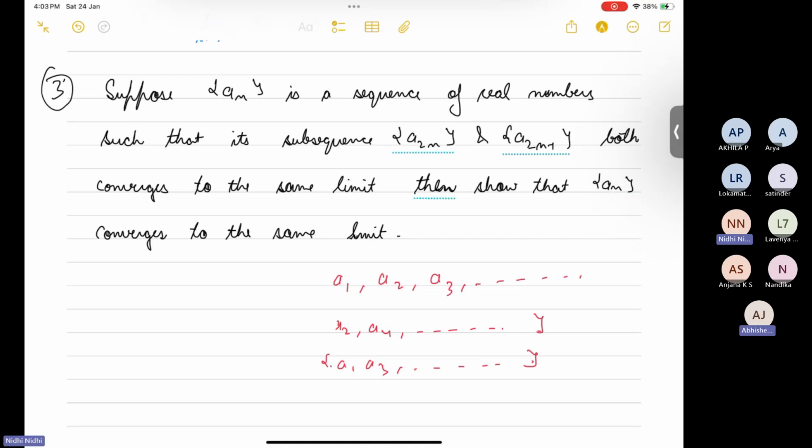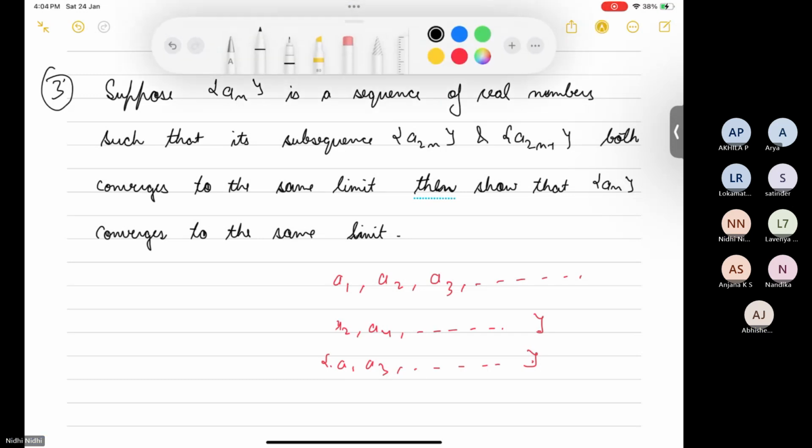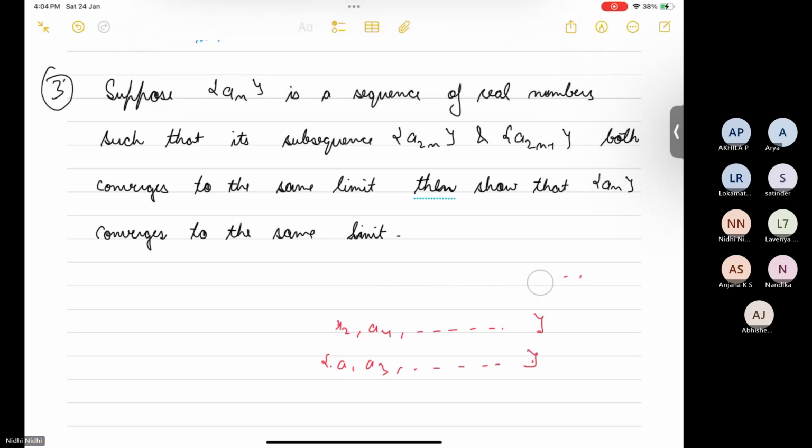In this case, we are given that the subsequences are convergent and converging to the same limit, but nothing is given about the main sequence. Is it clear? Yes, ma'am.